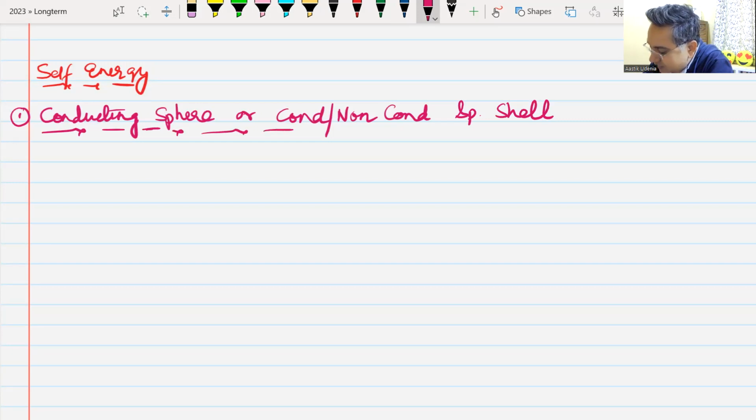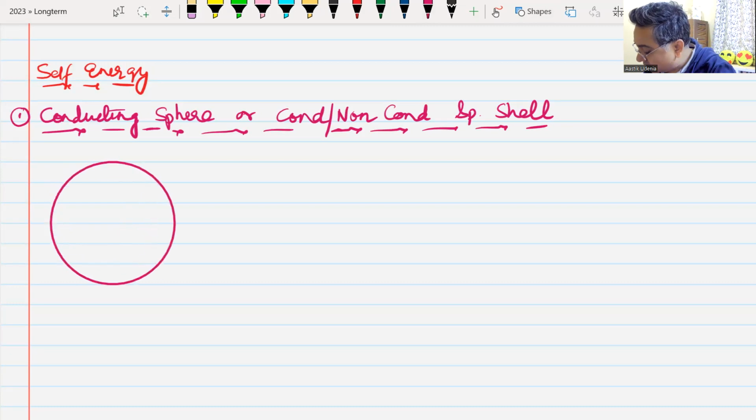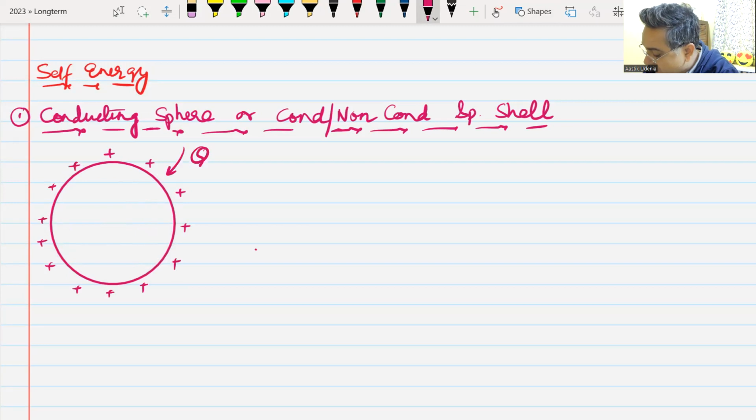Because no matter what I do, the charge for this will always come where? On surface, sir. The charge will always come on the surface, even if it is a conducting sphere or a conducting or a non-conducting shell. The charge on this sphere or this shell will come only on the outer surface.